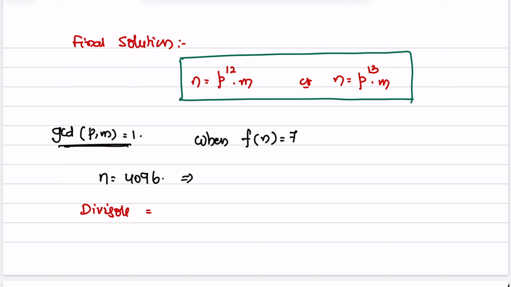There are many divisors which you can easily find out. N is equal to 4096, that is 2 to the power of 12.